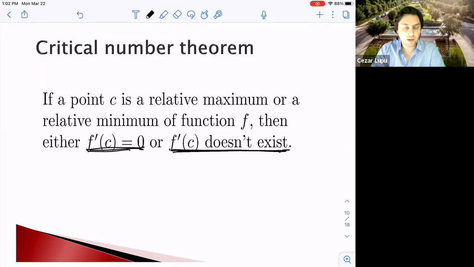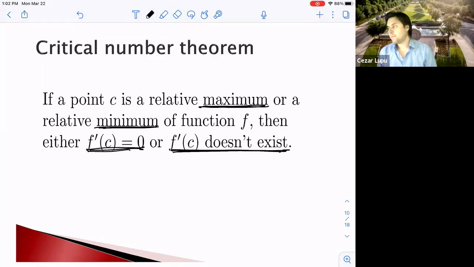In other words, if you would like to look for a relative max or relative min, you always have to look for those numbers for which the derivative is 0 or the derivative does not exist.